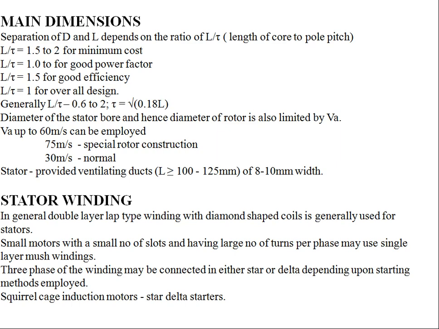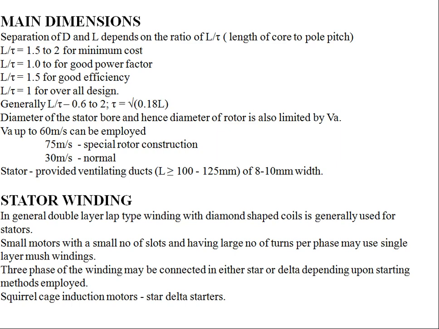If you require such an application, you can go up to 75 meters per second for special rotor construction. It is usually limited, with the peripheral speed VA not to exceed 30 meters per second.